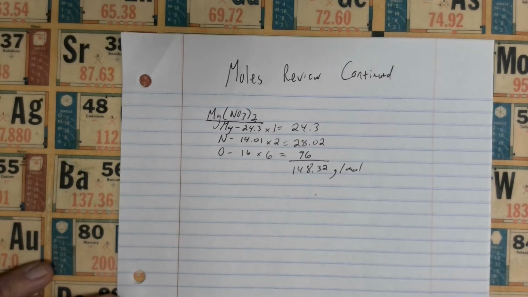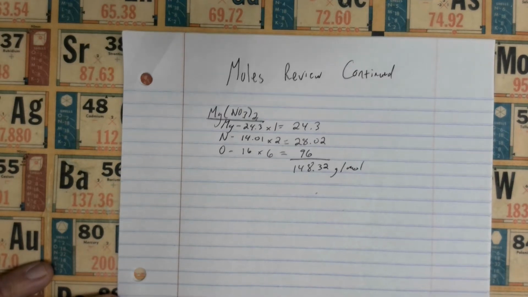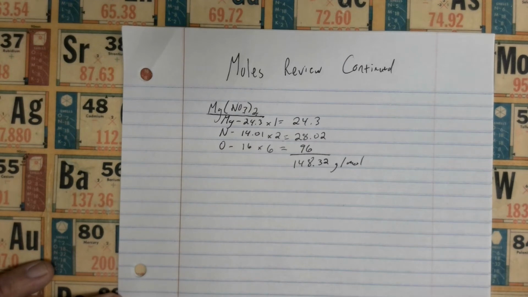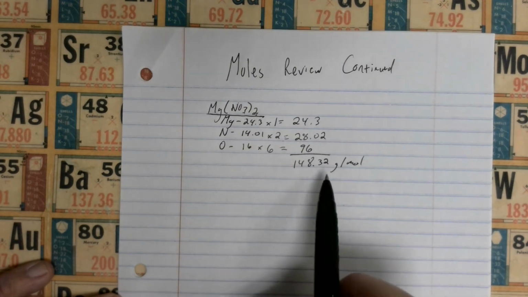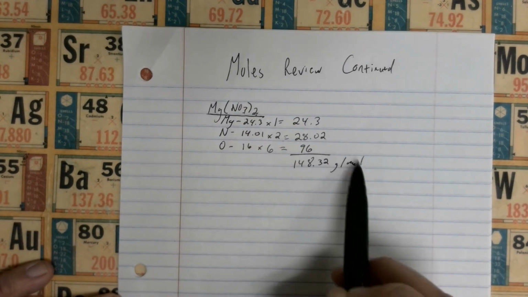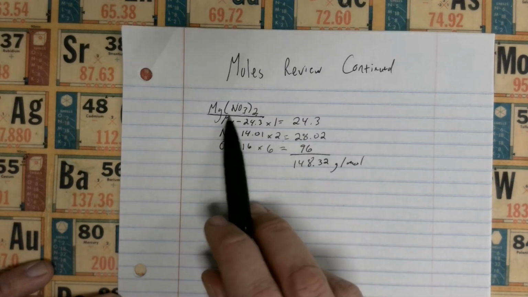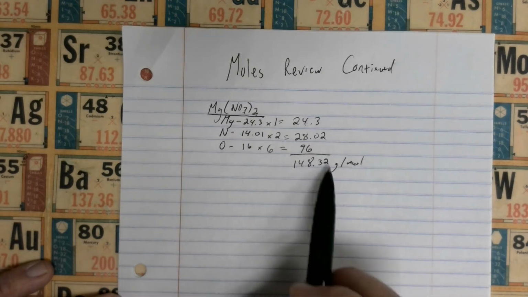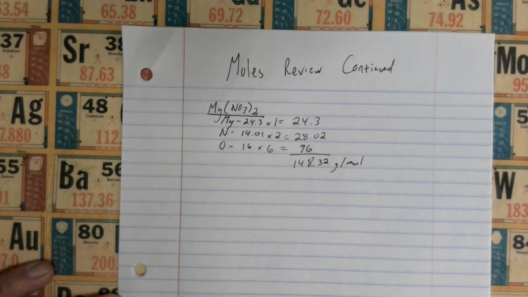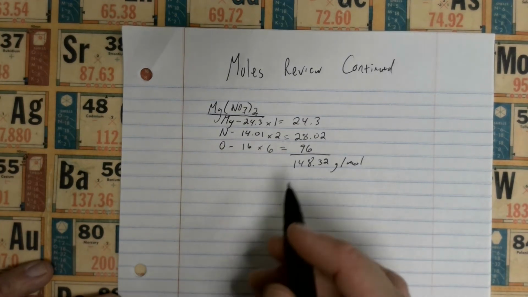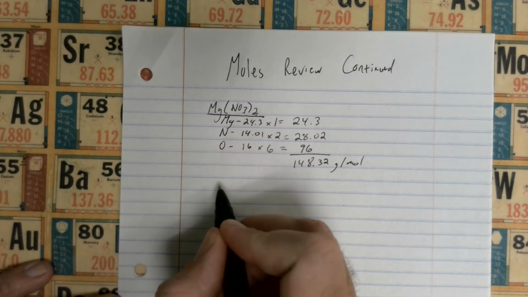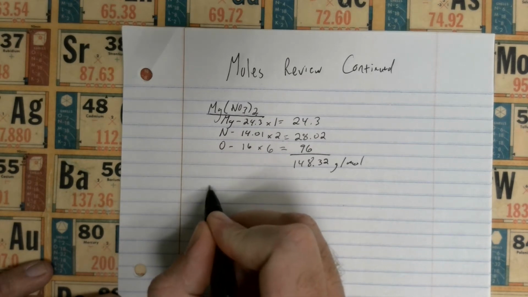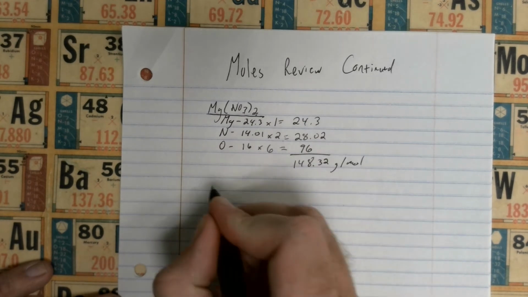Again, not always, but most of the time you will. Okay. So what this means is that for every mole of magnesium nitrate you have, the mass of that is 148.32.